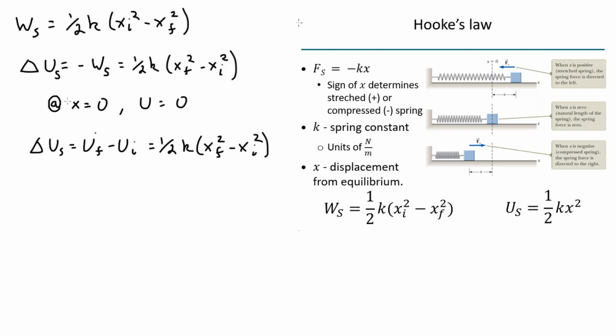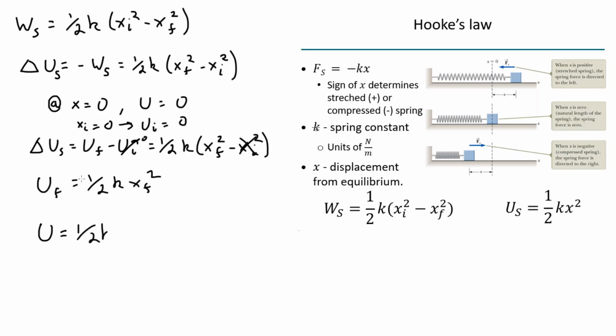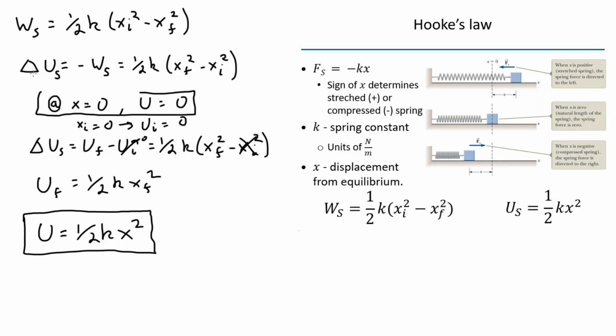Let's say x initial equals 0, which means that U initial equals 0. So we just get U final equals 1/2 k x final squared. This is true for any x final, so this shows that U, the potential energy of the spring, just equals 1/2 k x squared. This is the formula we're going to use for the potential energy of a spring. But remember, this only works if we define the potential energy to be 0 at x equals 0.